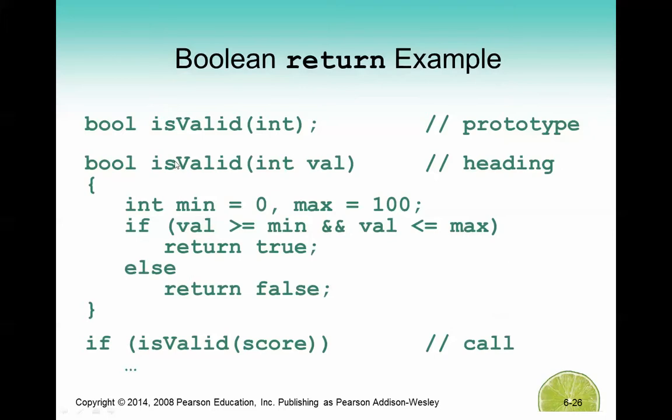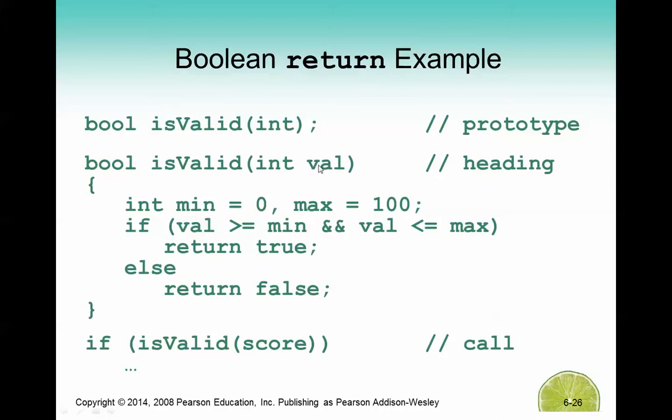Here's an example. This is the prototype. Here instead of void, we have the bool is valid and then the int. Here is the function itself. The function is going to be receiving a value that is going to be sent.